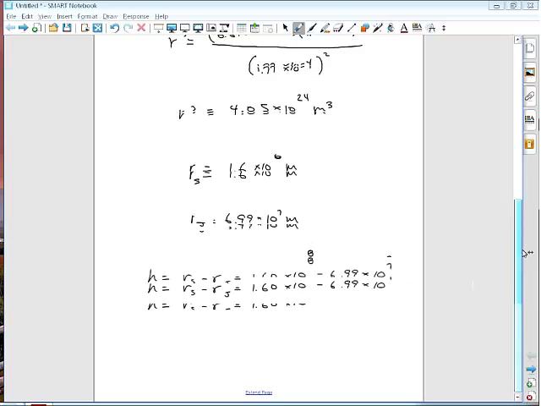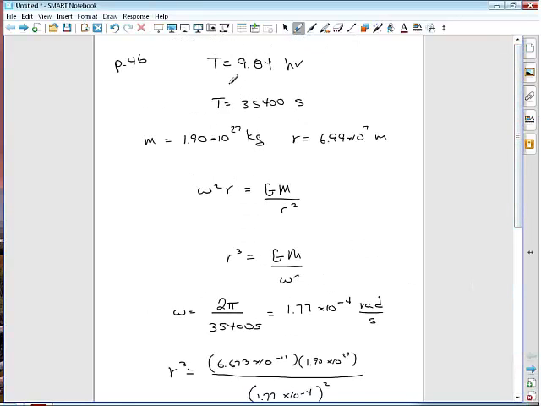So just in review, what we did was we took the period for one revolution, and we could calculate the rotational speed by knowing that we go 2 pi radians in this time. So you take 2 pi divided by the period, and you get omega, the angular speed. And we said that the centripetal acceleration equaled the gravitational force at that particular point, and we solved for r cubed.